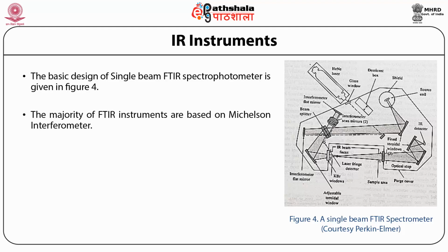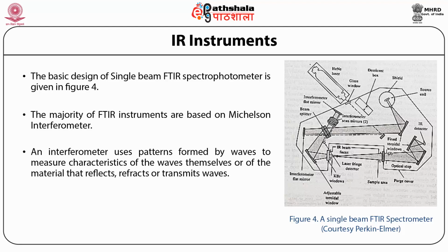The majority of FTIR instruments are based on the Michelson interferometer. An interferometer uses the pattern produced by waves to measure characteristics of the waves themselves or of the material that reflects, refracts, or transmits the wave.